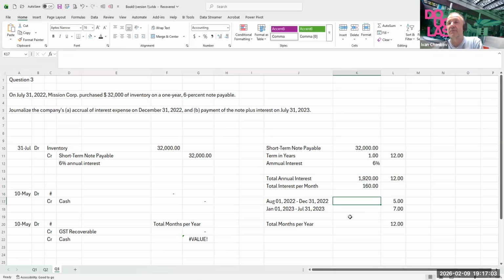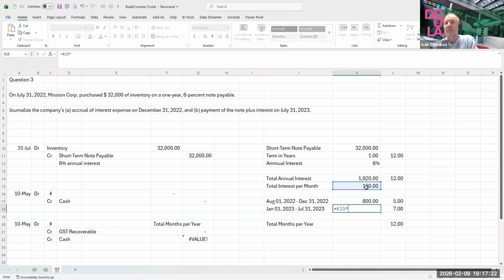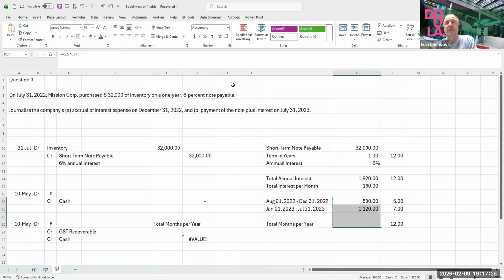So how much will the interest expense be for the 5 months? 160 times 5. How much will the interest expense be from January to July 31st? 160 times 7. Do we get the annual interest of 1,920?